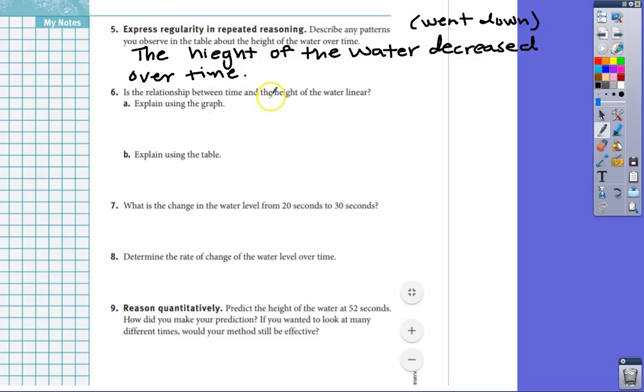Is the relationship between time and height of the water linear? So does it look like a line? Can we see that line in the graph is what that's asking. So go ahead and think about that for a second.